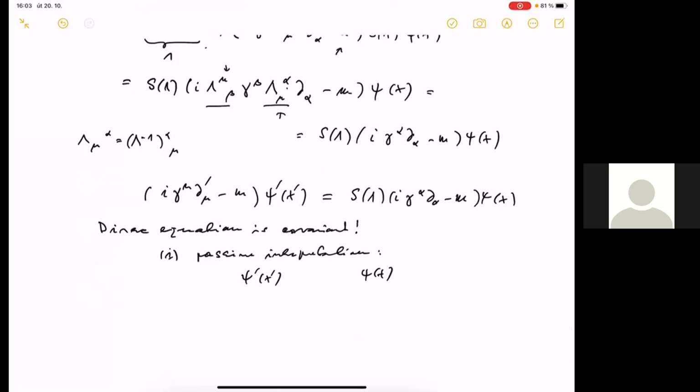And we see that since this S lambda is regular matrix, whenever this psi x is solution of the Dirac equation, provided I gamma times derivative minus m to psi x is 0, of course the primed observer should find the same in their primed coordinates and primed fields.